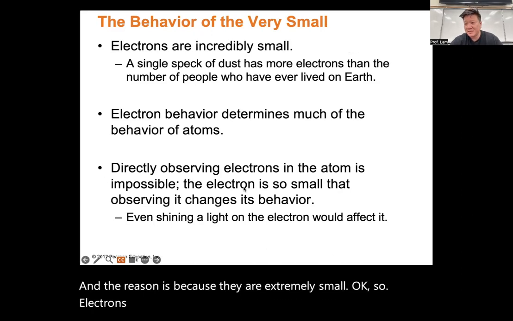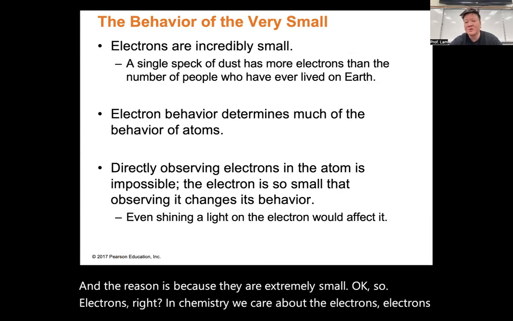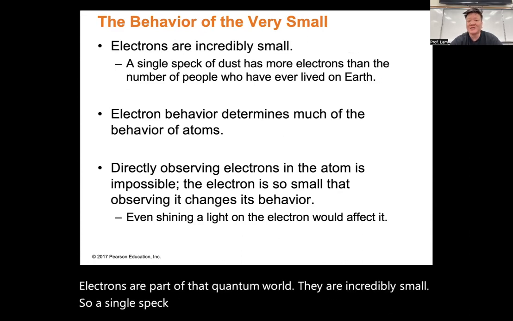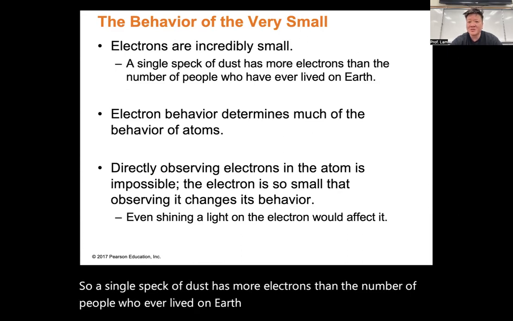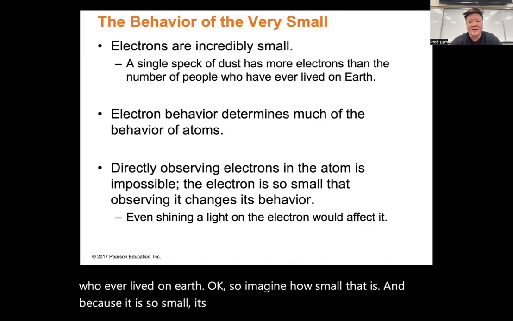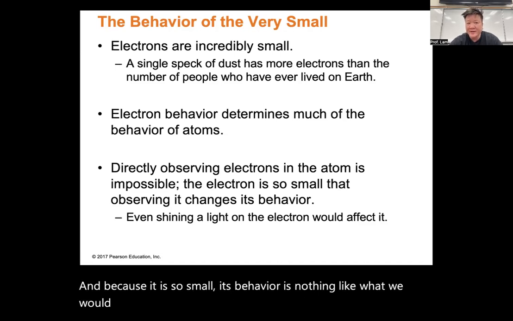So electrons, right? In chemistry, we care about the electrons. Well, electrons are part of that quantum world. They are incredibly small. So a single speck of dust has more electrons than the number of people who ever lived on Earth, okay? So imagine how small that is. And because it is so small, its behavior is nothing like what we would expect, right? Of say like a marble or a baseball, right?